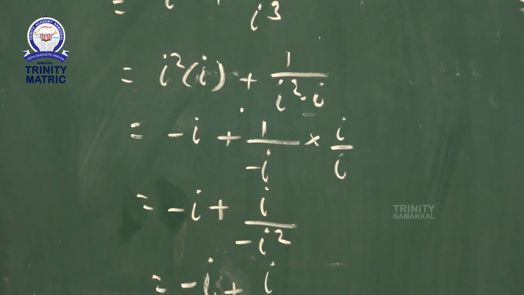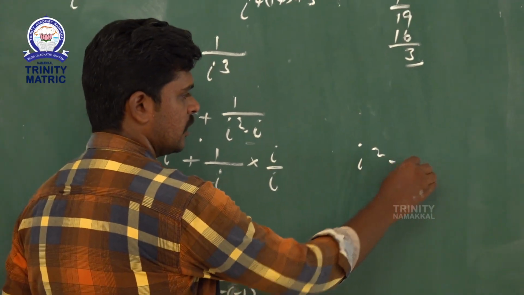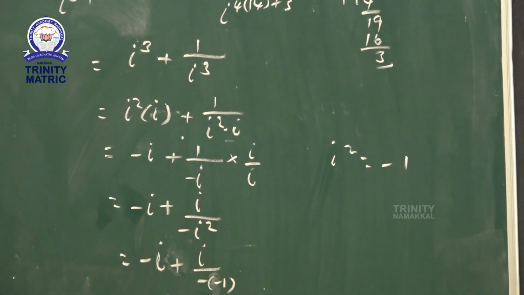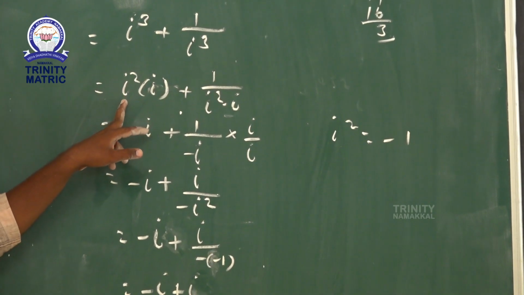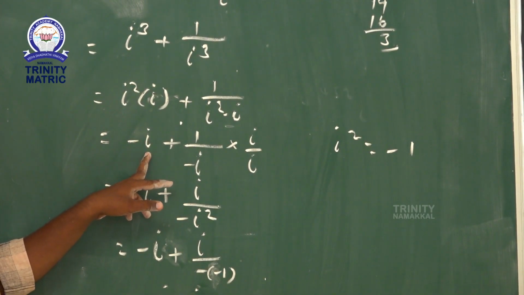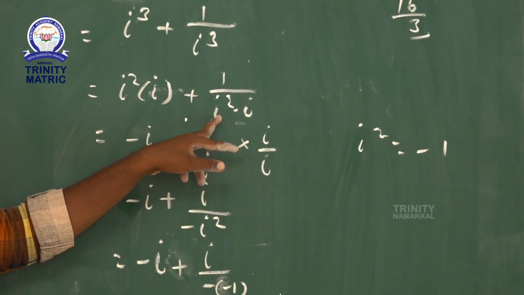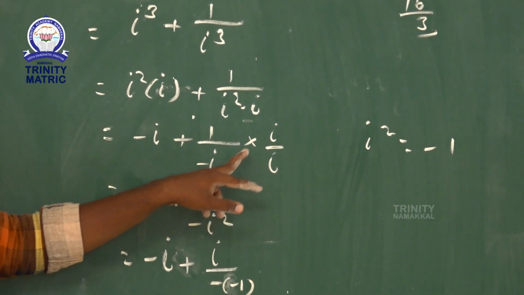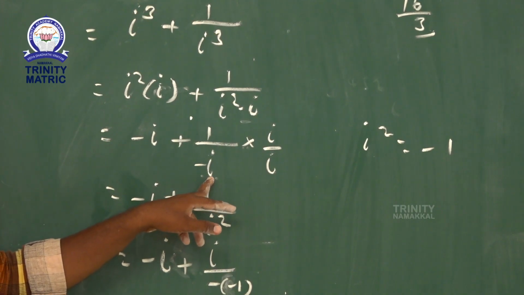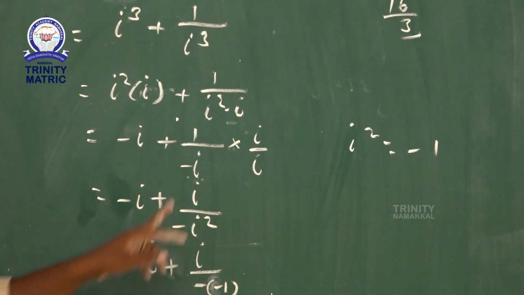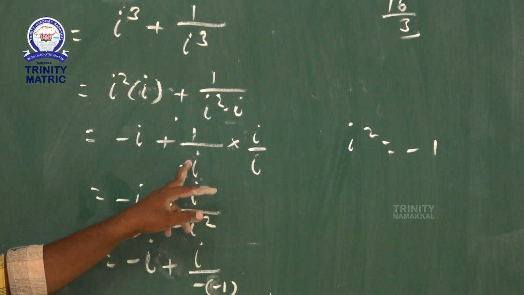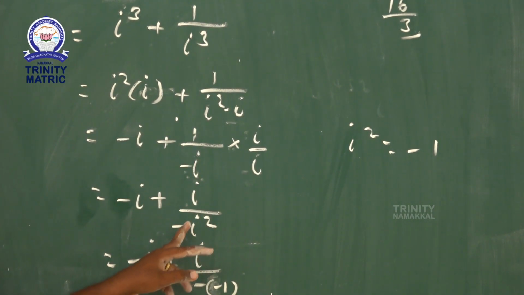Next, i squared value: what is i squared? i squared is equal to minus 1. So i squared into i is minus 1 into i, which is equal to minus i, plus here 1 by minus 1. Here also i squared is given, so 1 by minus i, and it is a conjugate term, i by i. Next 1 into i, here minus i into i, this is minus i squared.